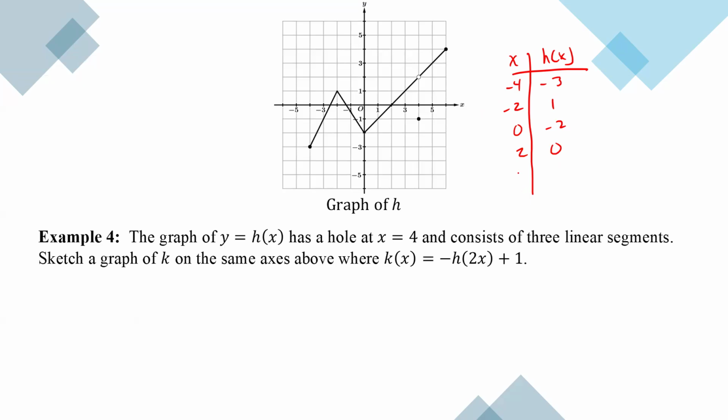There's a hole in my graph at 4, 2. I'm going to mark this as an H. And then there's a value at 4, -1. And then last but not least, we're at 6, 4.